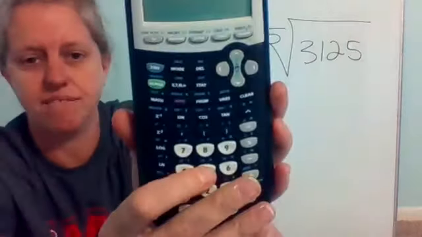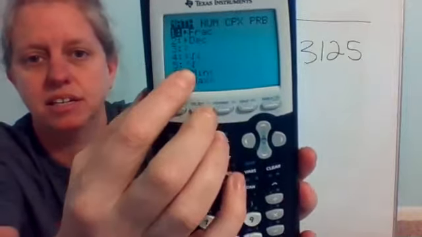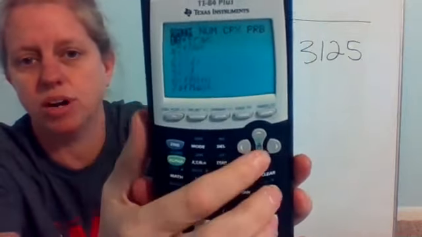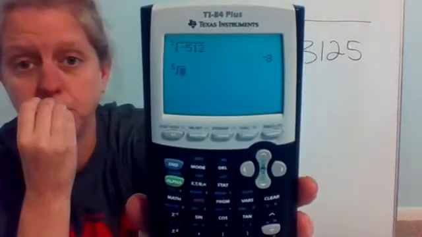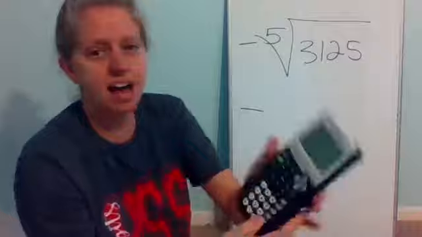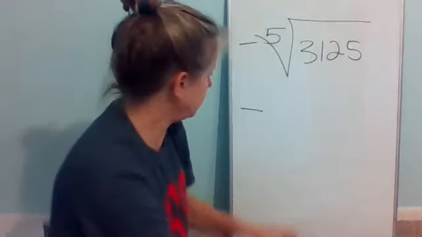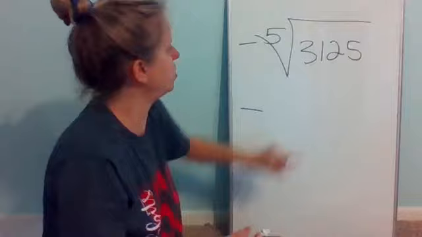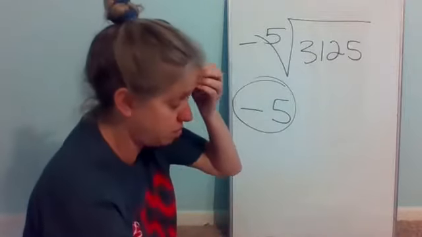So I'll hit 5, go to my math, down to the little x square root, hit enter. So there's my 5th root. What am I putting in? 3125, enter. 5. So I already brought the negative down. The 5th root of 3125 is 5. So negative 5 would be your answer.